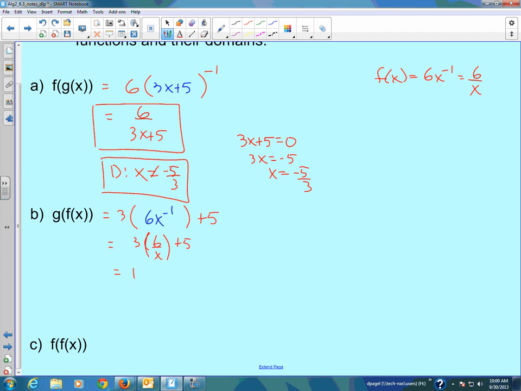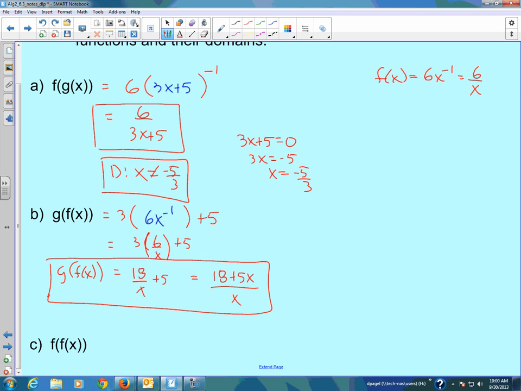That becomes 18 over x plus 5. If I wanted to make common denominators, I'd have 18 plus 5x over x. So there's my g of f of x function. Once again, the denominator says I can't be equal to 0, so my domain would have to be everything except x equals 0.